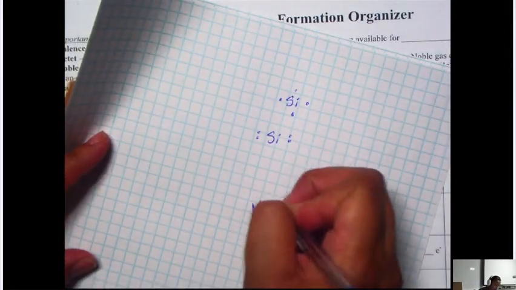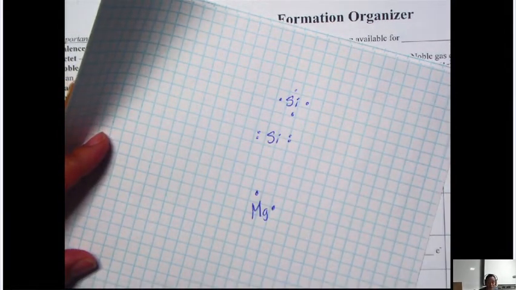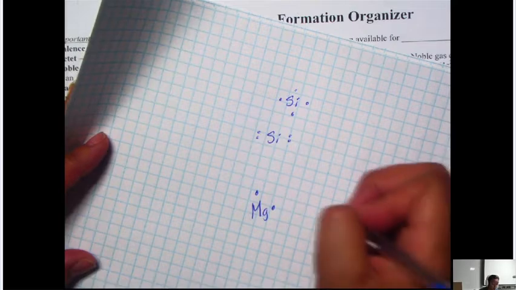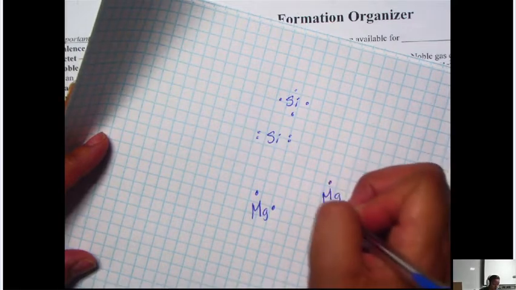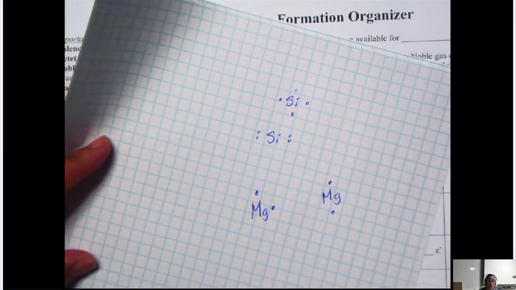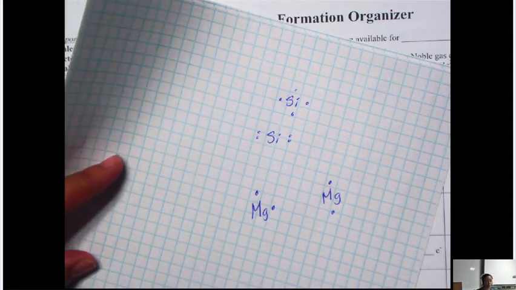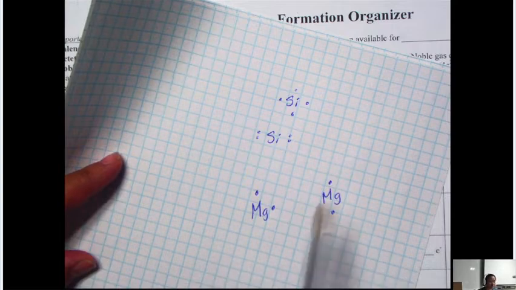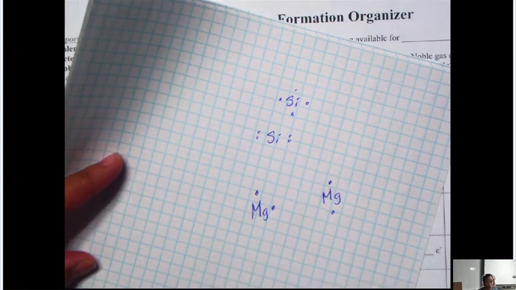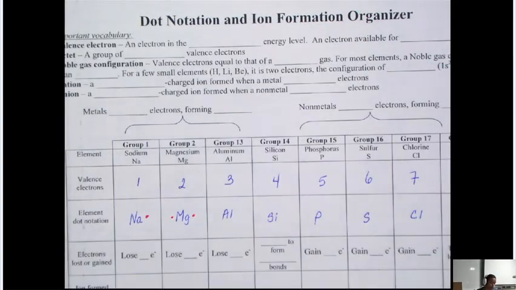So if you have your dots like this, that's fine. If you have your dots like this, that's fine. Later on when we're making bonds, you'll find it might be easier to put your dots on certain sides, just so it's not confusing. But as far as just doing your Lewis dot, it doesn't matter. Just make sure 1 dot on each side before you pair them up.